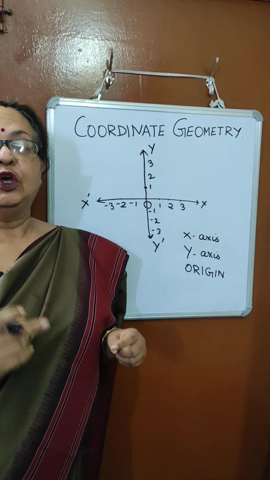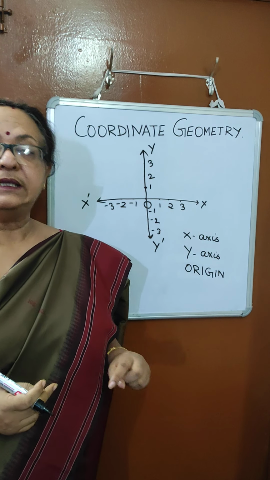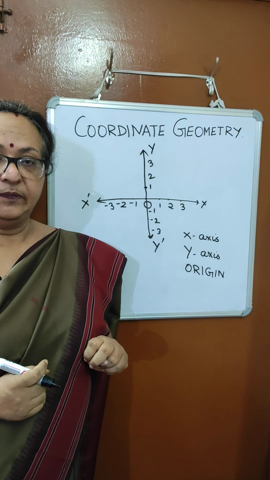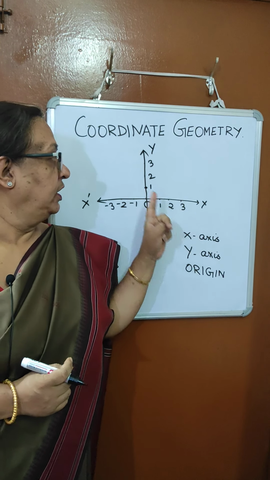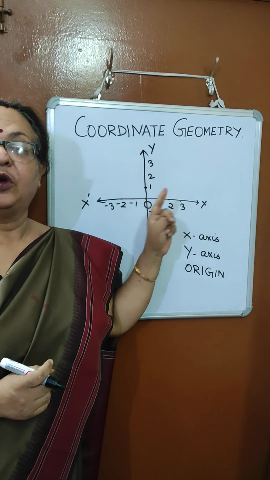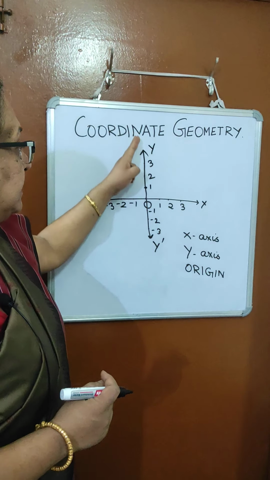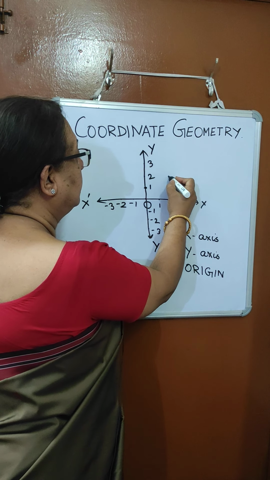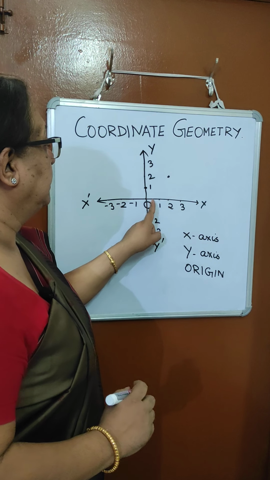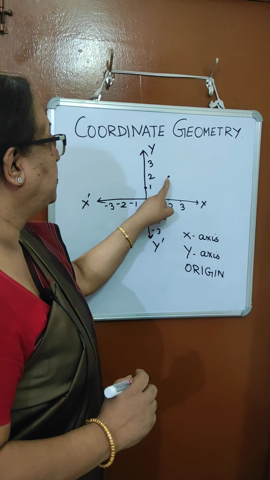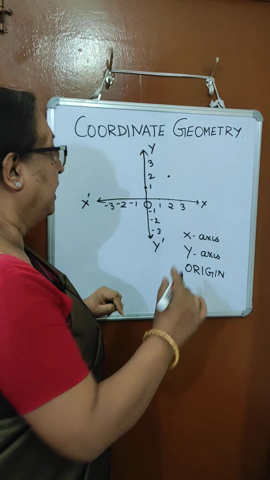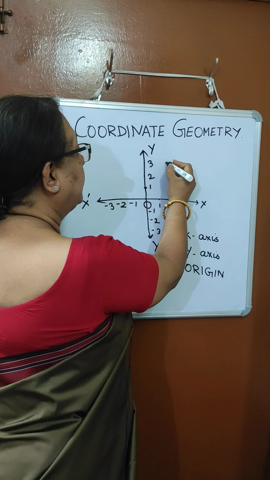Okay children, now suppose I say you mark a point which is say 2 units away from the y axis. Mark a point 2 units away from the y axis. This is the y axis, this is 1, this is 2. So this point is 2 units away from the y axis. Okay, now I can mark this point also.